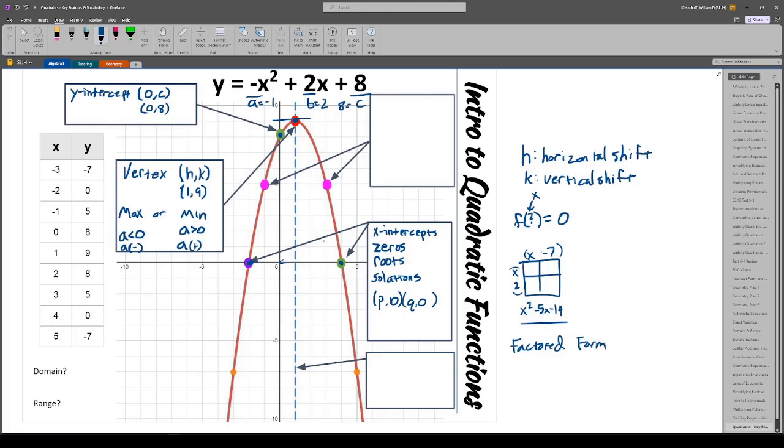So factored form is written as a, the same a, which represents a vertical stretch here, times x minus p times x minus q. So p and q represent our x-intercepts, or our solutions to the equation. And I think that's good for x-intercepts.